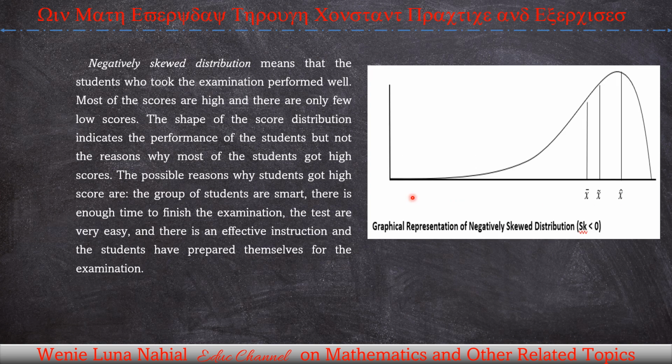Then we have also the negatively skewed distribution. Here you have the mean, you have the median, and you have the mode. Okay, so this happens when the skewness coefficient is less than 0.